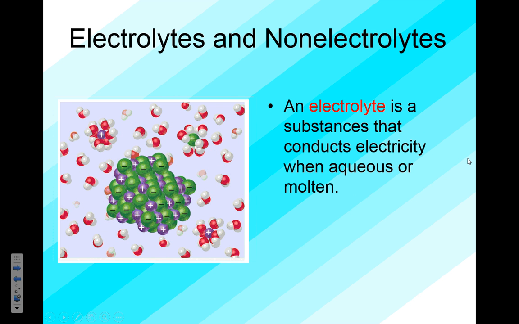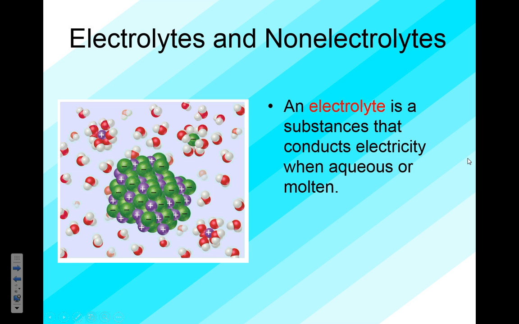Any substance that makes water conduct electricity we refer to as an electrolyte. When it dissolves in water, or when it's in its molten form, so as a solid it melts into its liquid form, because it's made up of ions, it can carry charge. Therefore, as a liquid or dissolved in water, it allows the water to conduct charge, and so it's an electrolyte.